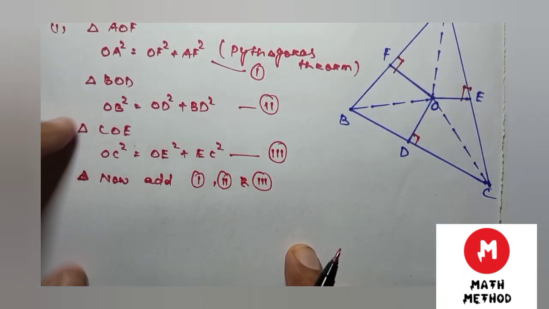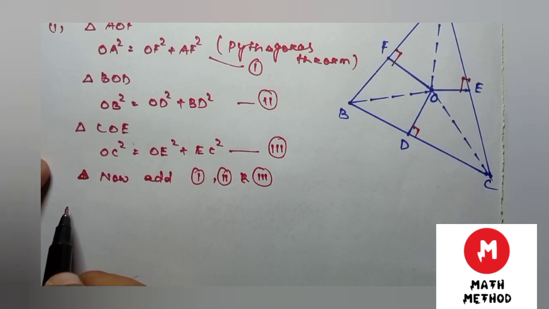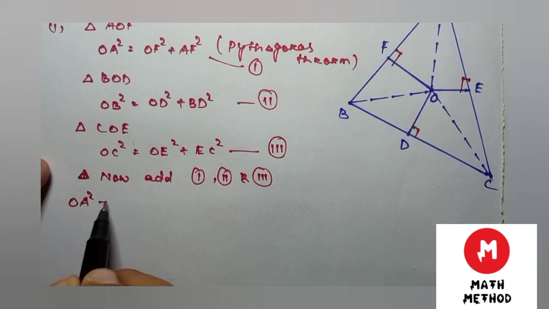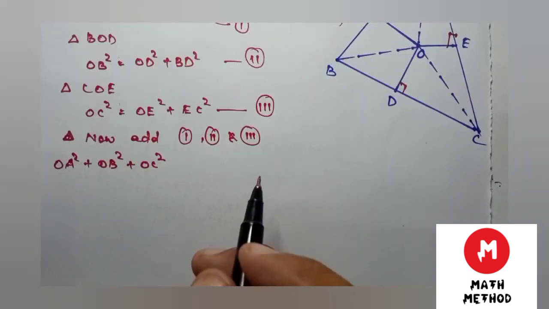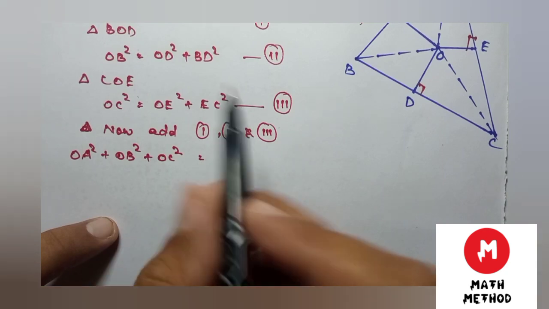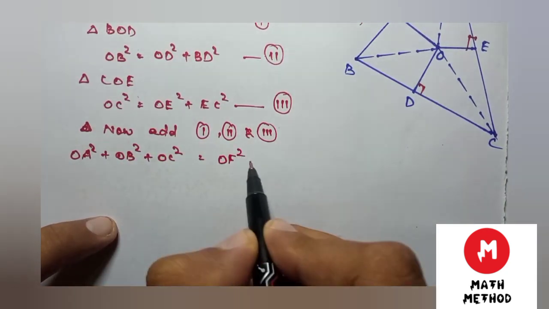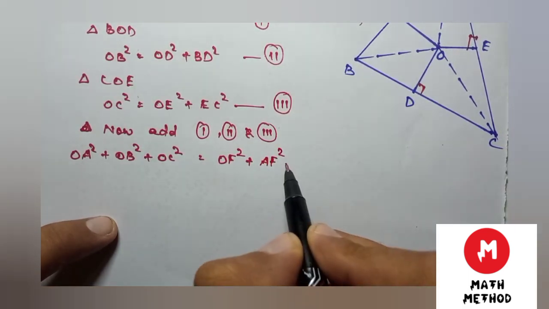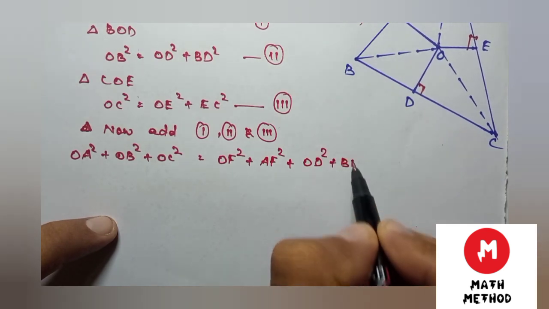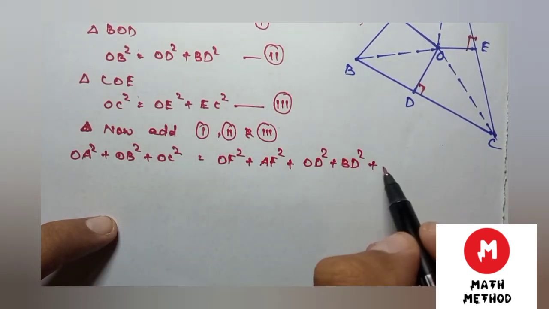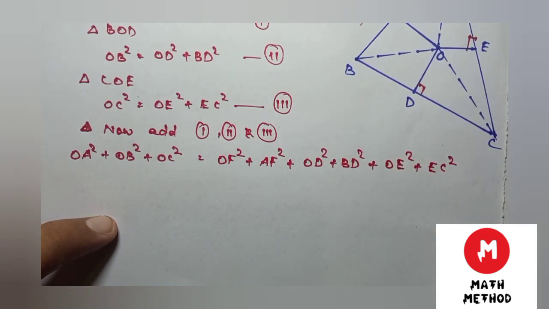We will add LHS with LHS and RHS with RHS. So LHS is OA square plus OB square plus OC square, clear, is equal to RHS, which is OF square plus AF square plus OD square plus BD square plus OE square plus EC square. Clear?